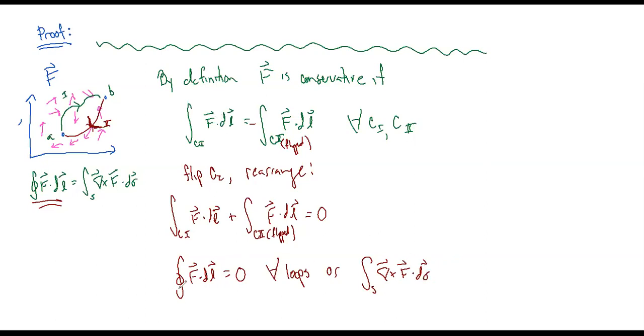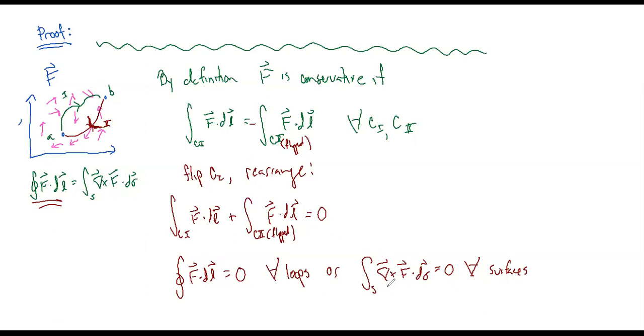So the old way of saying it by definition, this closed line integral vanishes for all loops. But if we invoke Stokes' theorem, then we can say that this is true for all, not loops, but the integral is now over surfaces, so for all surfaces. Even an infinitesimally small surface in one particular place that I chose.